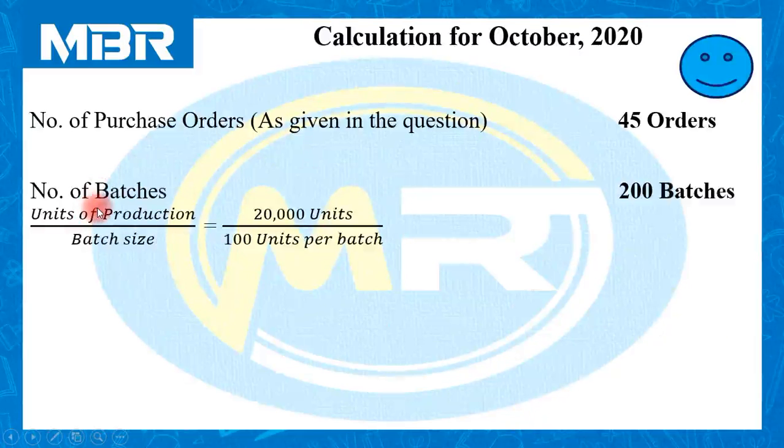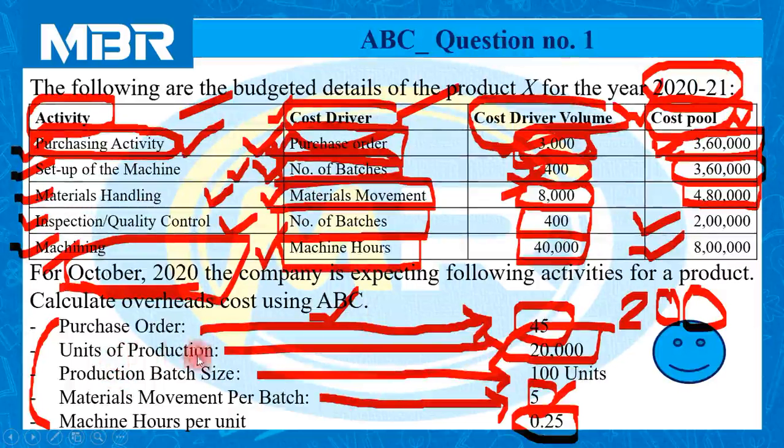Then number of batches. Number of batches are not given to us, but two supplementary pieces of information are provided by the examiner in our question. You can check it. Units of production 20,000 and a production batch size of 100 units.